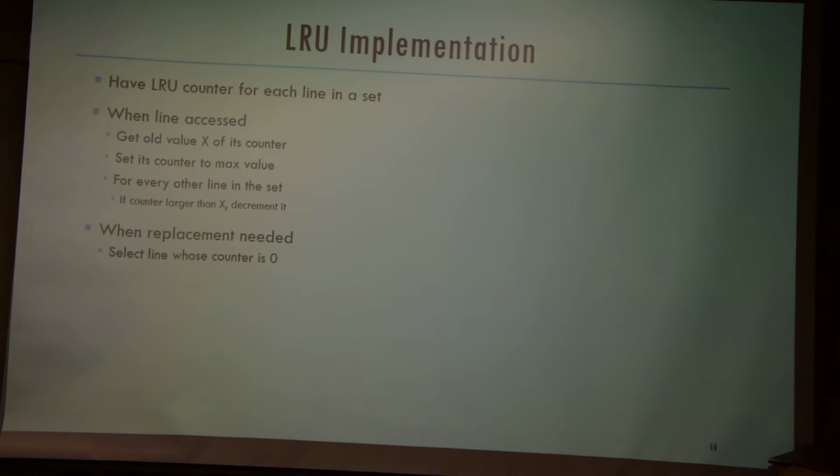That's a very fast way of sorting, and when replacement is needed, you select the line whose counter is 0, and it turns out that this is actually working well. You can build in the right algorithmic invariants to show that you always have one counter at 0 if you do this in a proper way, and you will also always have a nice clean ordering of everything. It's a very nice implementation.